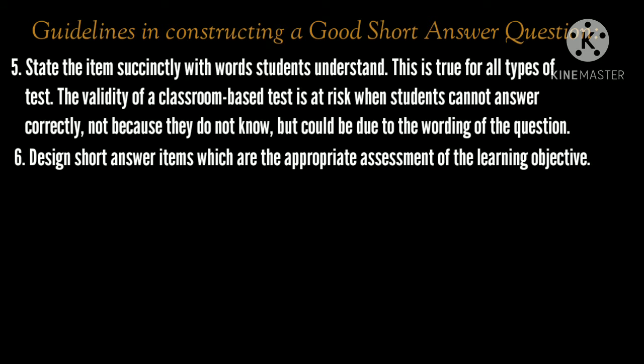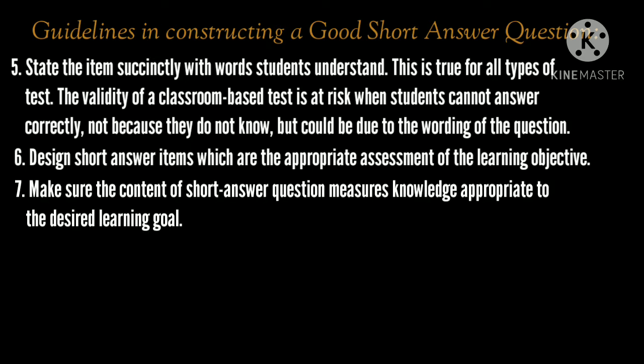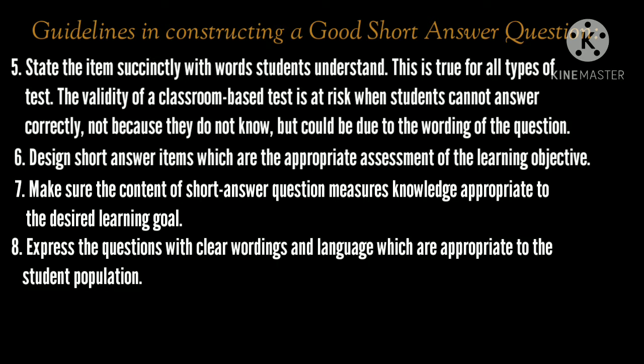Number 6, design short answer items which are the appropriate assessment of the learning objective. Number 7, make sure the content of the short answer question measures knowledge appropriate to the desired learning goal. Number 8, express the questions with clear wording and language which are appropriate to the student population.